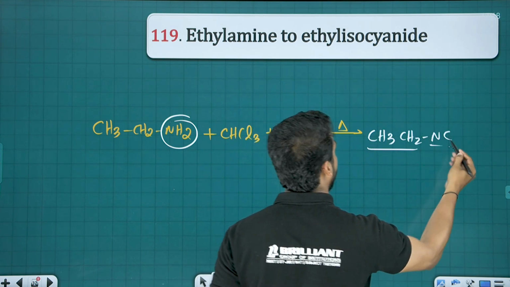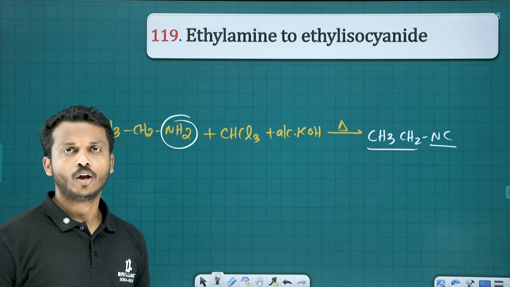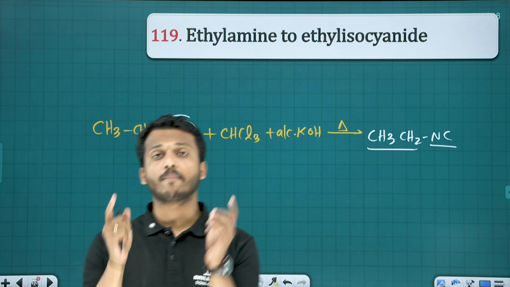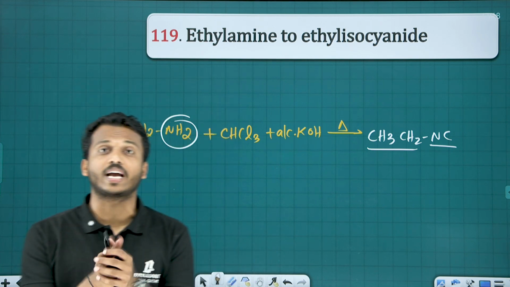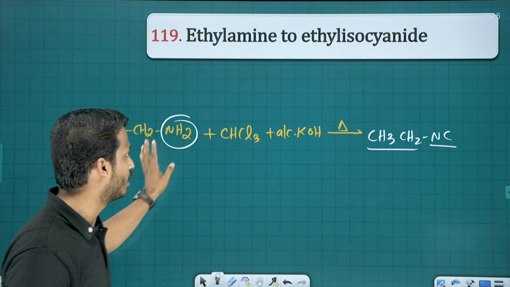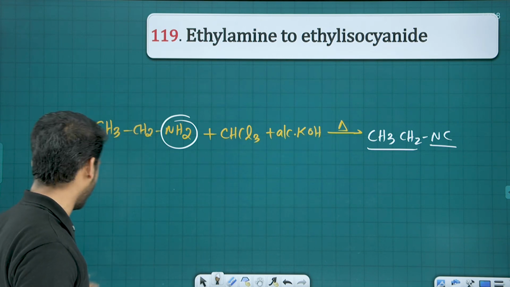You will get ethyl isocyanide, the foul smell. This is our carbylamine test, one of the distinction tests. The carbylamine test or isocyanide test is given by aliphatic and aromatic primary amines, my dear.